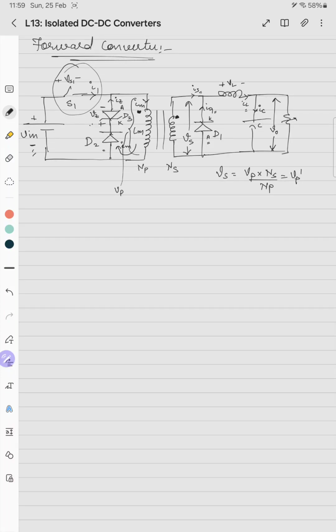say that we want to draw all the waveforms of this converter. So yeah, we'll start with the gate pulses.